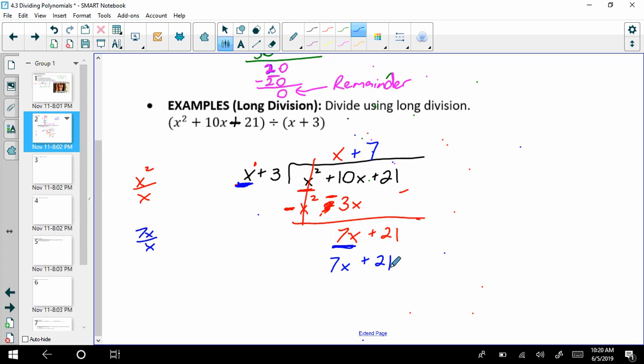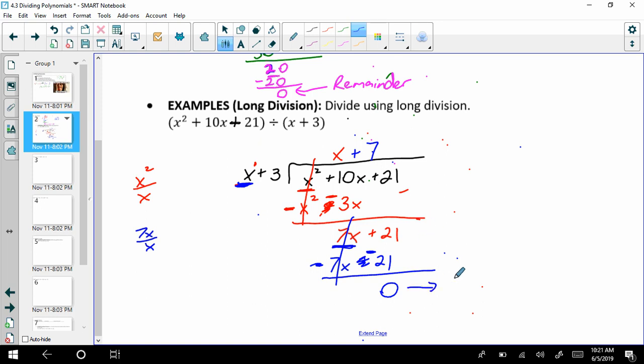Then what did we do? We have to subtract because I want to figure out what's left. So this becomes minus, and this becomes minus. The first set cancels out when I combine my terms. That will always happen. Now the next set, if I combine those, they also cancel and I have 0. What does that mean? Well, I'm done. I know I'm done with this problem because notice there's no other numbers to bring down.